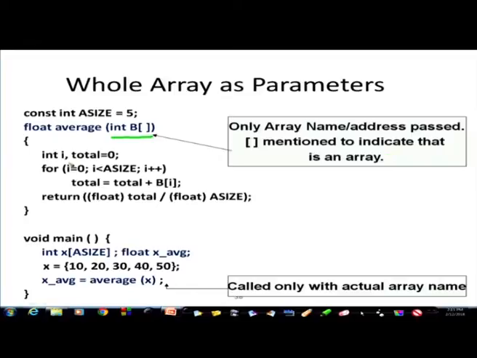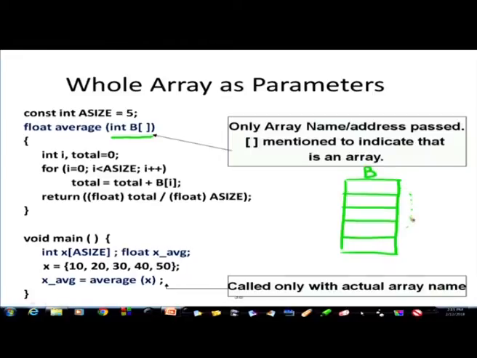Now, let us see what is happening. Int I, total = 0, for I equals 0, I less than a size, that means less than 5, I++, total equals total plus B[I]. So, what is happening? So, here is an array B, the array size is 5 and all these elements are being added.